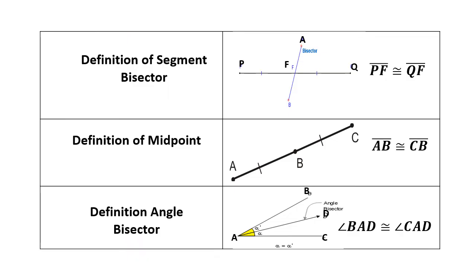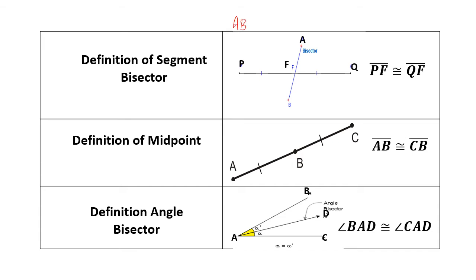Now, focus tayo dito sa definition of segment bisector. So, what does it mean to have definition of segment bisector? Look at the illustration here. Let me write the statement of this one.